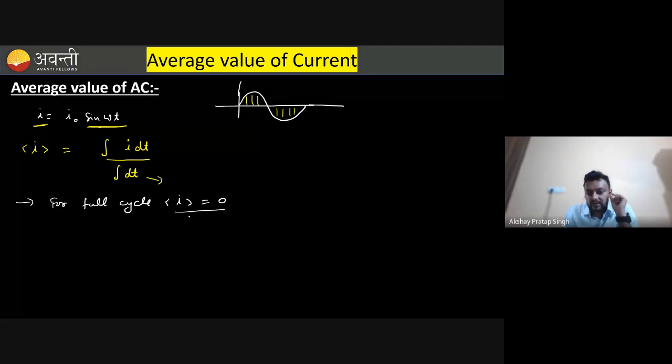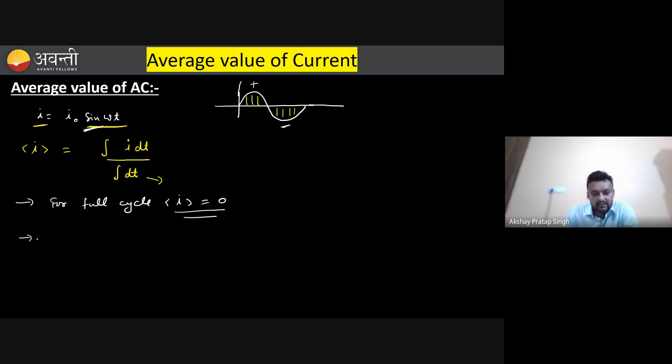I hope it is clear why zero. There are two ways I have described. For a full cycle, the average value of sine theta is zero, as we have seen on the previous slide. And area-wise, I dt is the area. This is positive area, this is negative area, and the total area for the full cycle is zero.